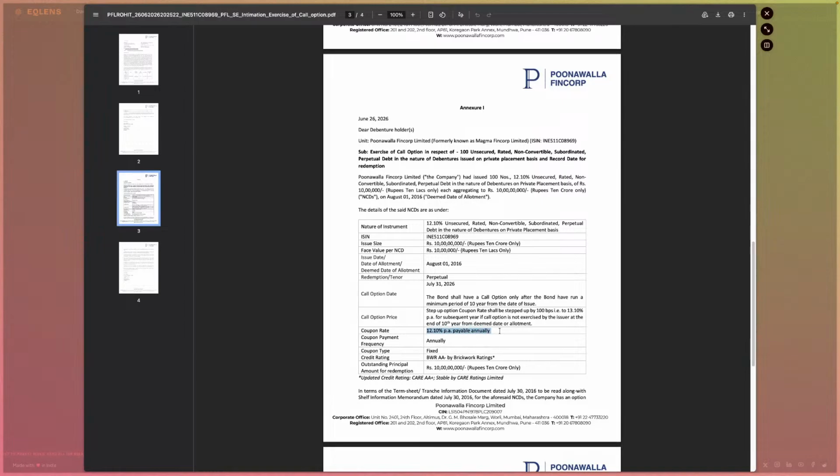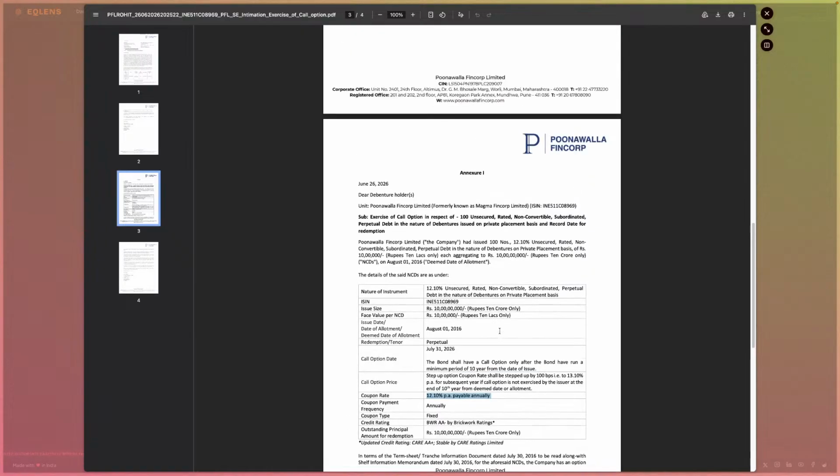Yeah, coupon rate is 12%. This is good. So how it affects the equity market is, if a company is asking for a debt of 10 crores, once those NCDs are released, people will invest the money in the bond.